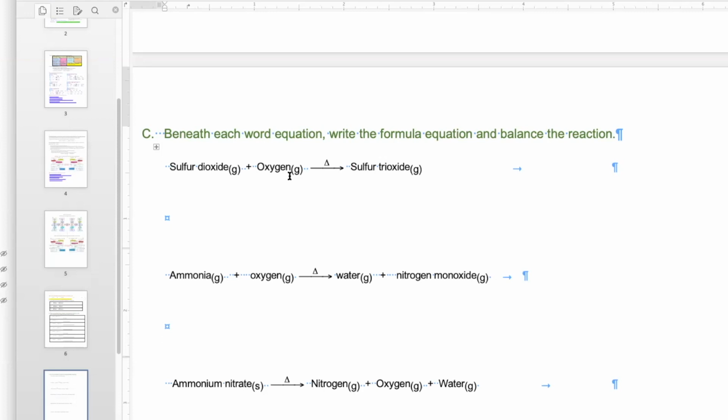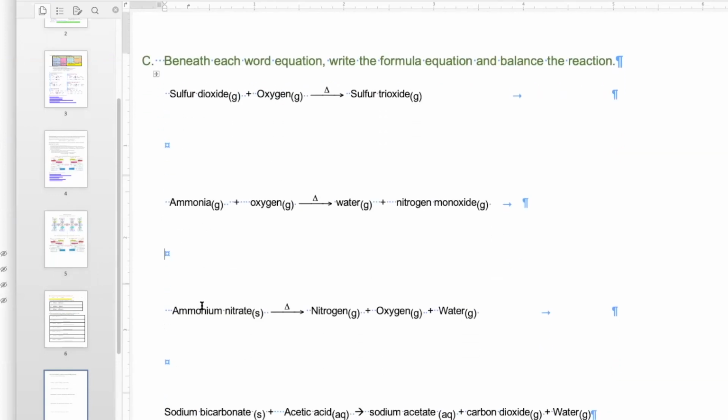So that's O2, and sulfur trioxide is just SO3. Ammonium nitrate, ammonium's NH4, nitrate's NO3. NH4 +1, nitrate is NO3 minus, so it's a 1-to-1 ratio. Forms nitrogen, again, N2, oxygen, O2, and water. You guys know water.